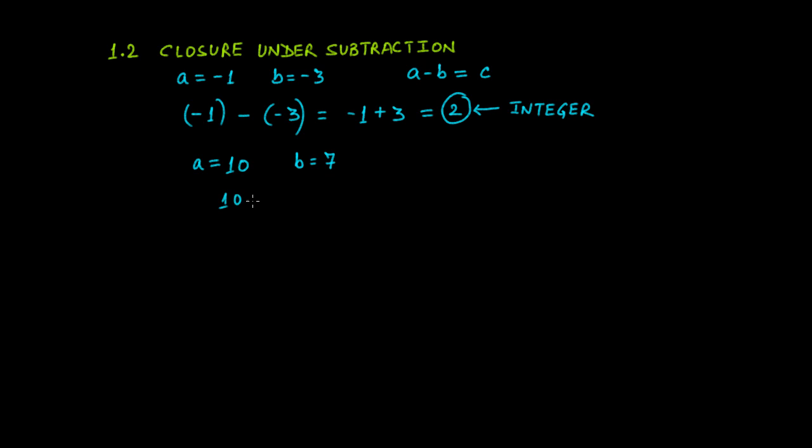Now 10 minus 7 will be 3, and 3 is an integer. Therefore, in the case of subtraction of integers, it follows the closure property. We'll say that the subtraction of integers is closed. Since we are getting an integer after addition and subtraction, both addition and subtraction are closed. They follow the closure property.